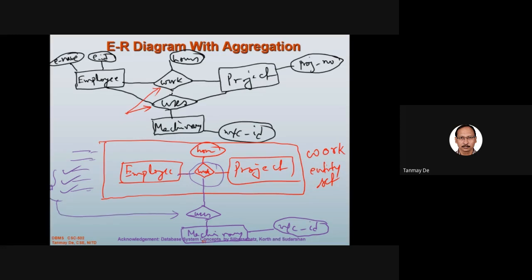In the next class, tomorrow, I will discuss, after all the things we discussed in the ER diagram, how we can convert this ER data model to our relational data model, because we mainly focus on the relational database, which is important in the real world.